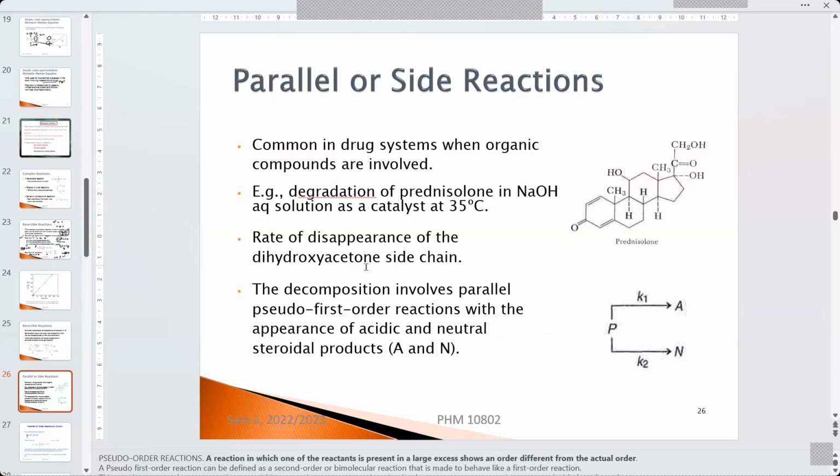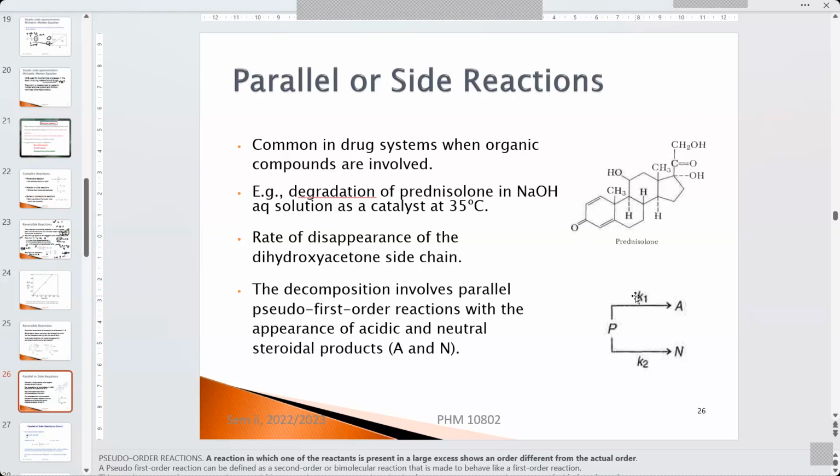So the dihydroxyacetone side chain will disappear. This is the one that will react. And actually, it follows parallel pseudo first order reactions with appearance of acidic and neutral steroidal products.